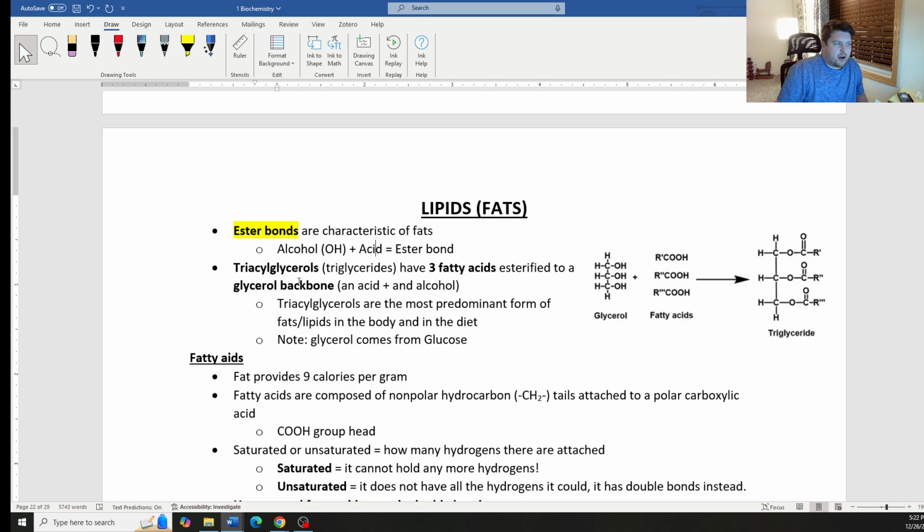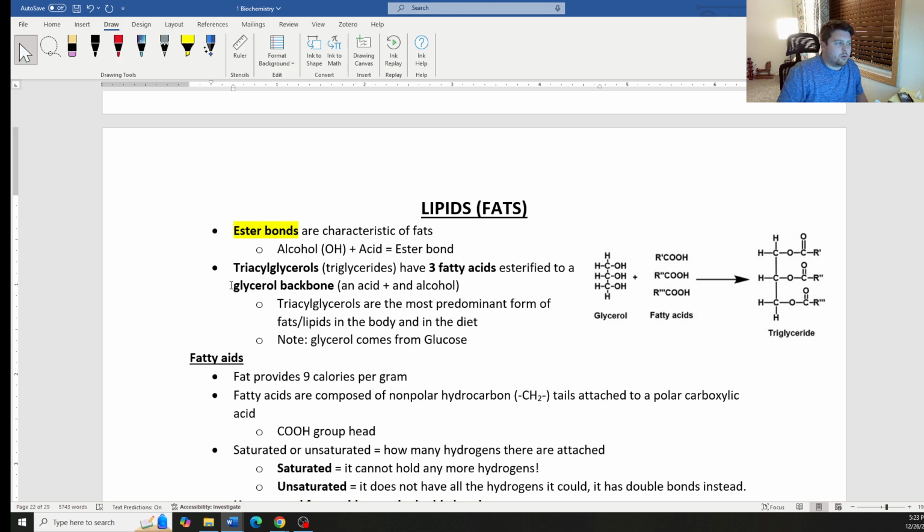Here are some of our AKAs: triacylglycerols, also known as triglycerides. This is that glycerol backbone with 3 fatty acid chains bound by ester bonds together.